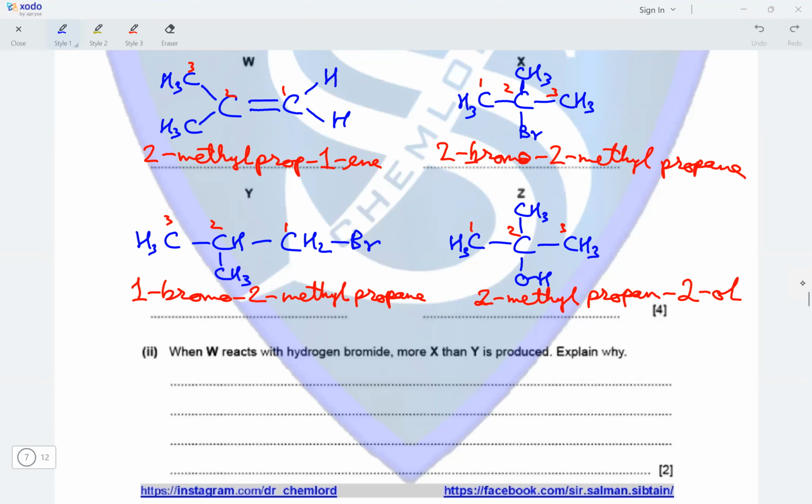When W reacts with hydrogen bromide, more X than Y is produced. Explain why.